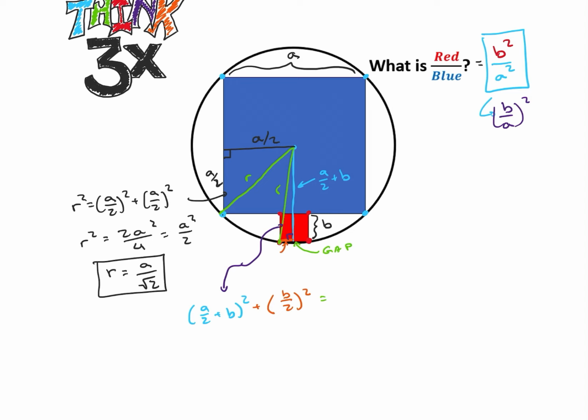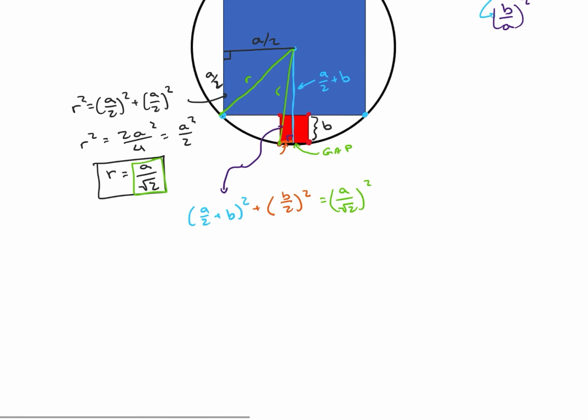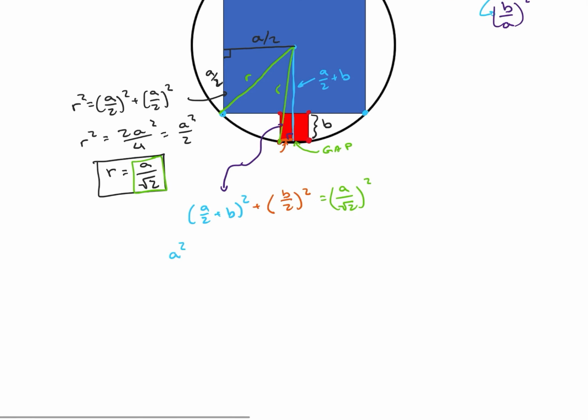And R is A over square root of 2, so that's going to be (A over square root of 2) squared. So let's go ahead and write this out. I'm going to get A squared over 4 plus 2 times AB over 2, plus B squared, plus B squared over 4, is equal to A squared over 2.